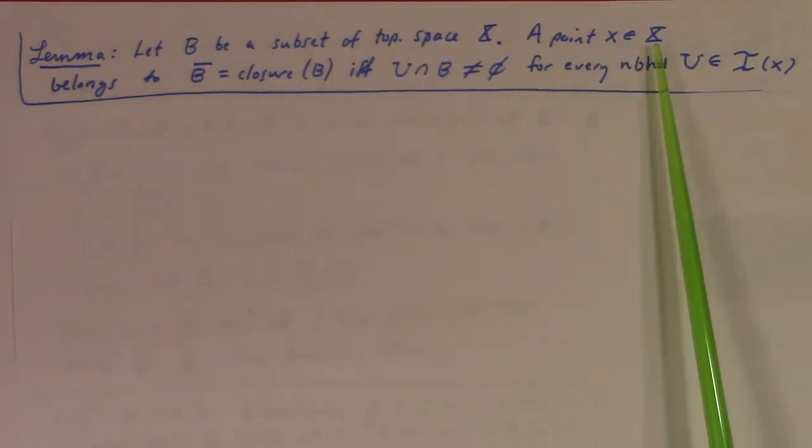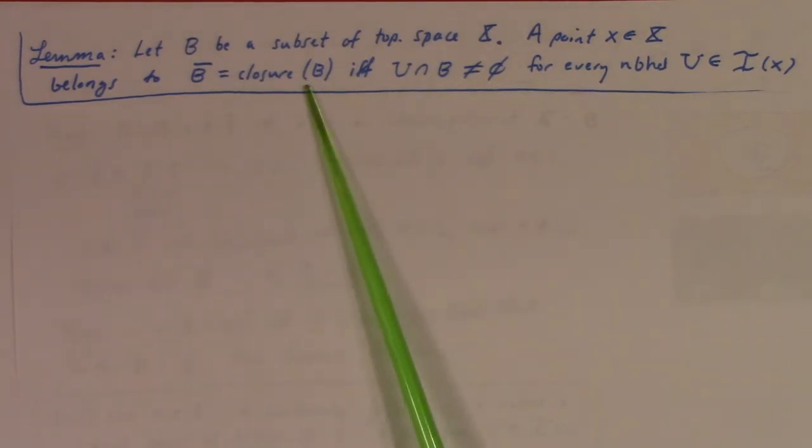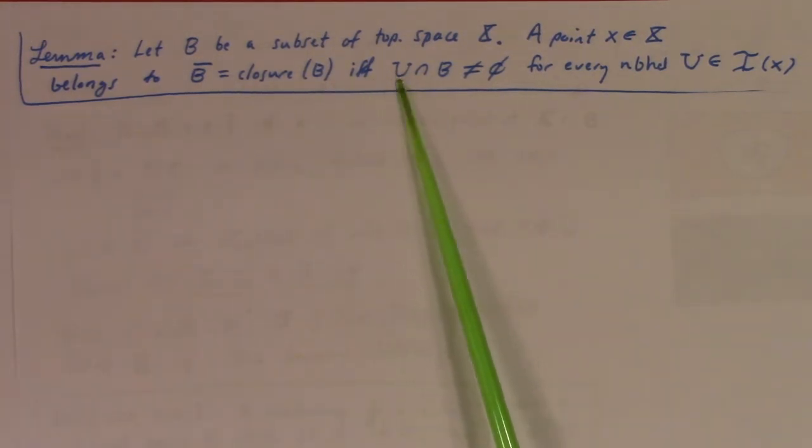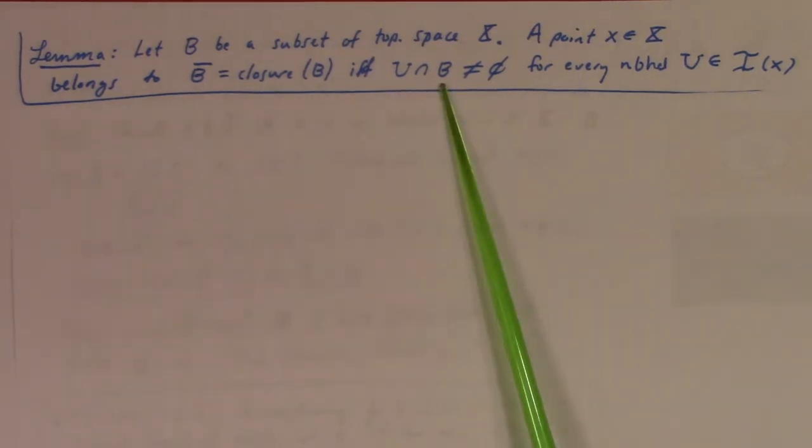A point X in X belongs to the closure of B if and only if every neighborhood of X intersects B non-trivially.